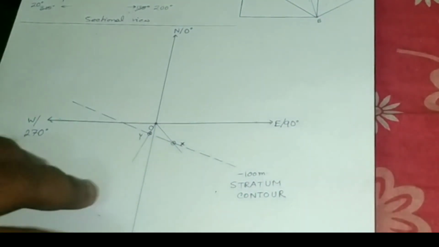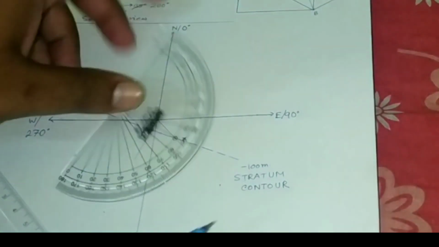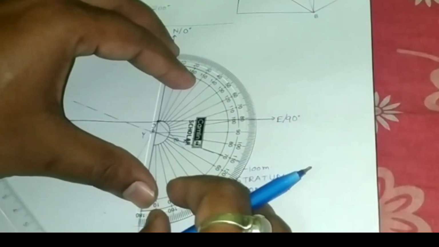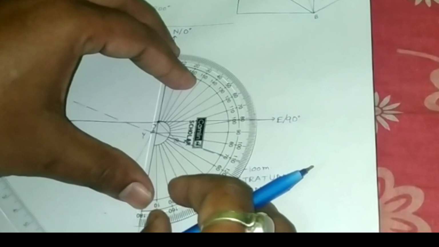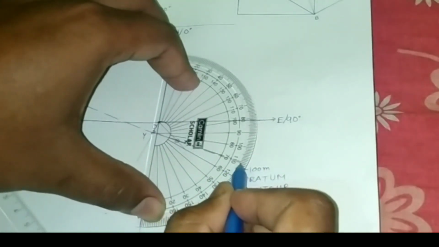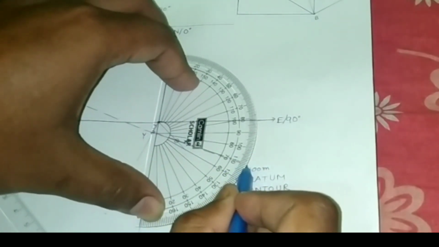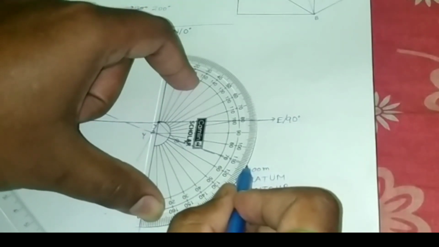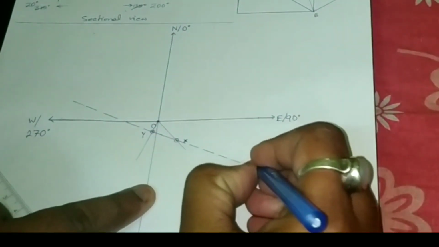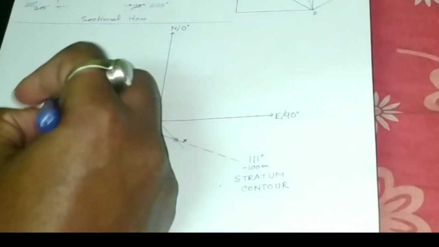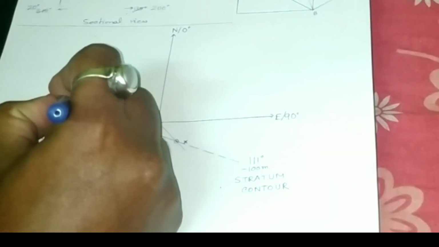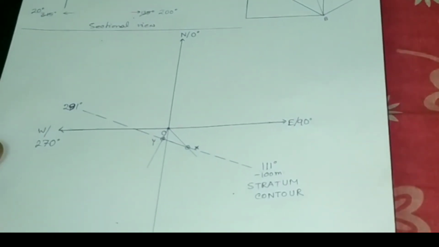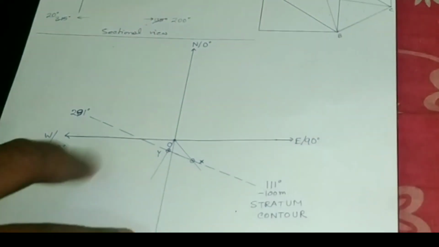If we measure the azimuth, we will get the attitude of the strike line. So here it is roughly 111. So the strike of this bed is 111 and 291 degree.